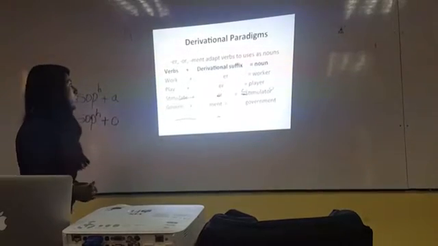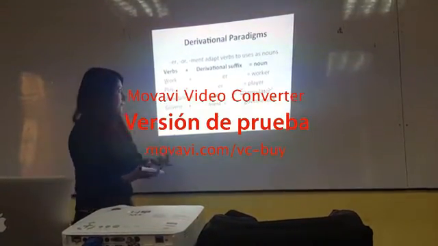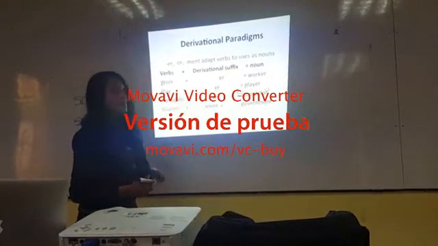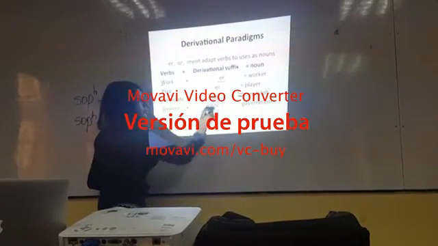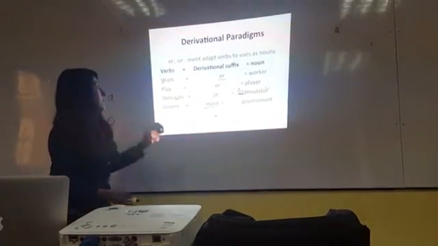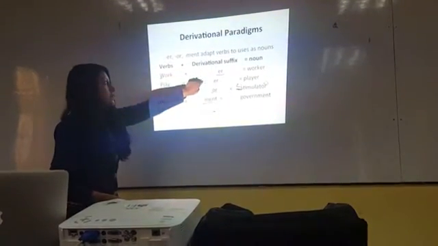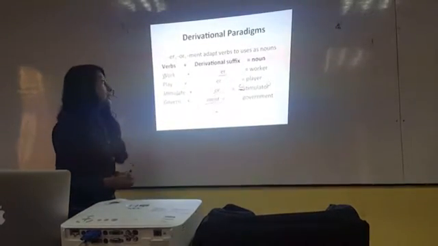For example, here we have some verbs, but to make them change the part of speech, we add -er or -ment. As you can see, a word plus this derivational suffix changes the part of speech. Work plus -er is worker.